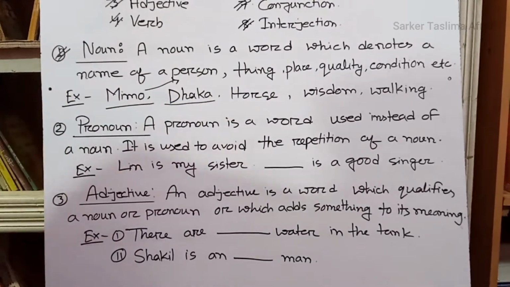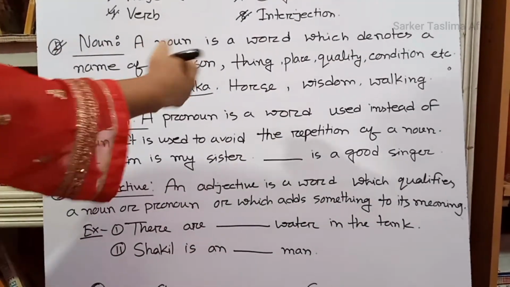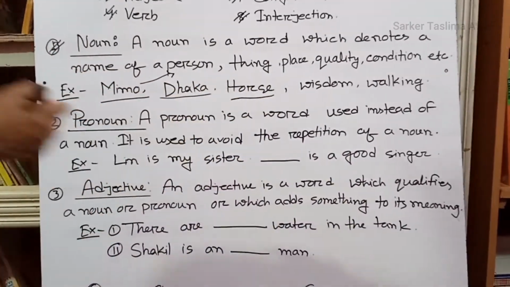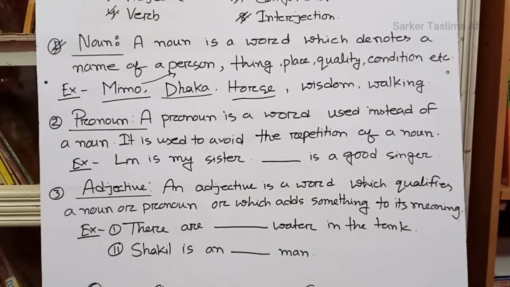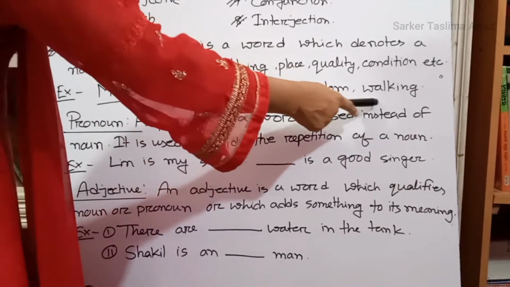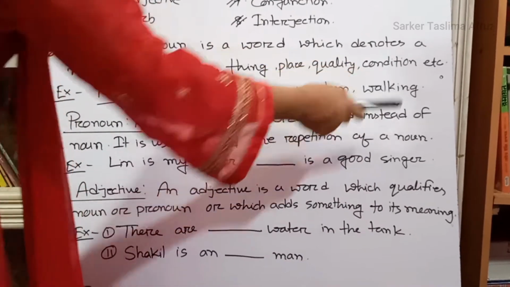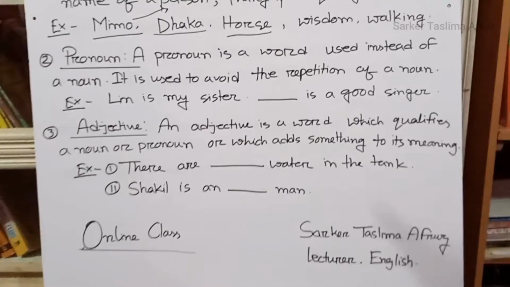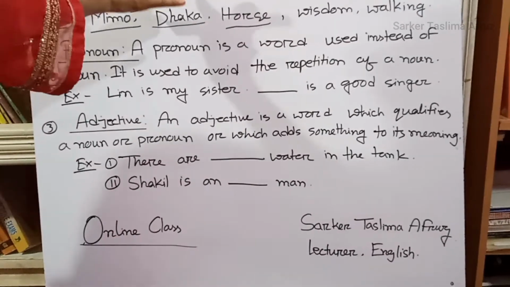Dhaka means a place. Next, horse, it's an animal. Wisdom, it's a quality. Next, walking, it's a condition. So, students, you can see any kind of name is actually called a noun.